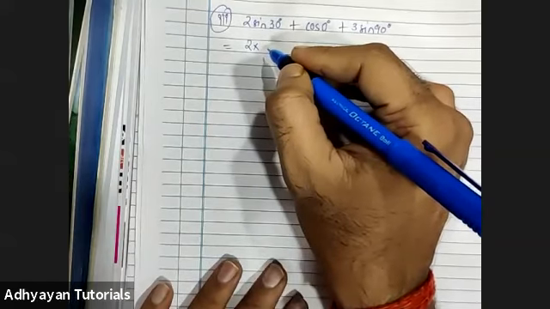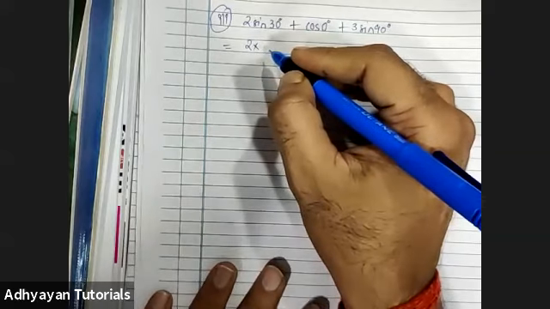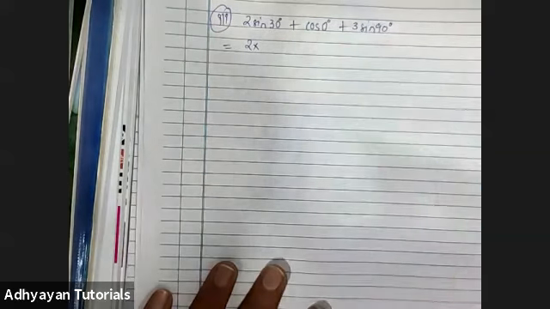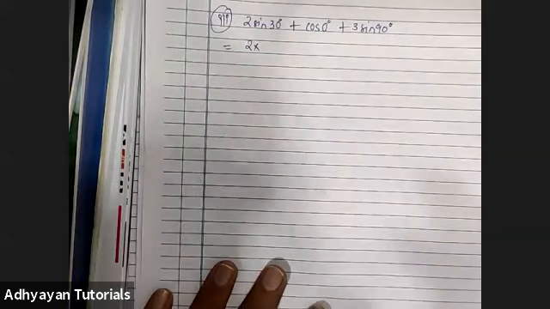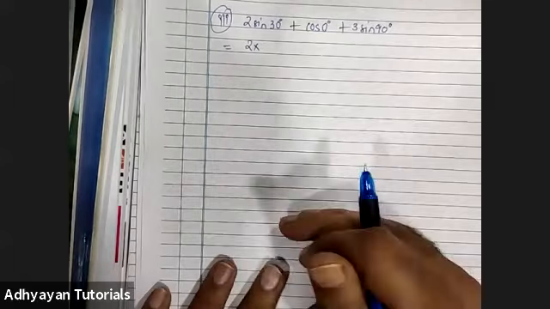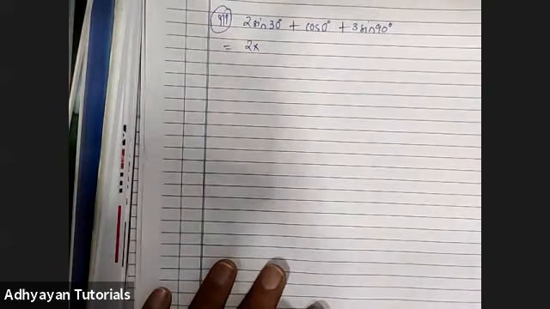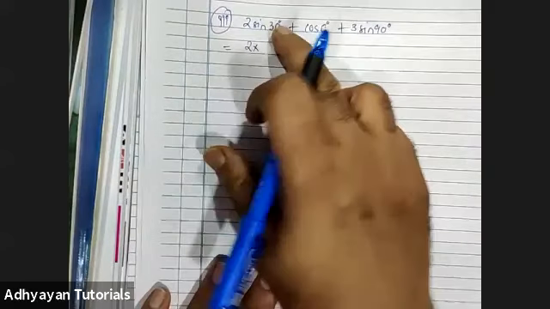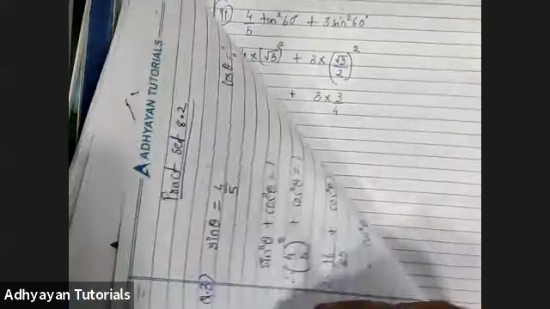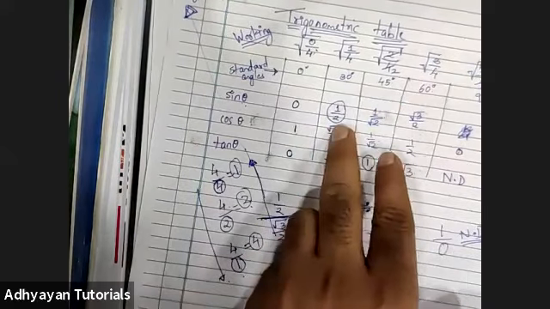If you want me to refer the table, I can, or I can just directly write down the value. What should I do? Can we reduce the value if it can? Yeah, if it is possible to reduce the value of the fraction, you have to, and keep it to the simplest possible form of the fraction. Okay, refer the table. So sine 30. Here. Sine 30, the value is half.